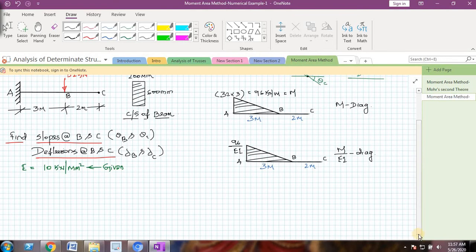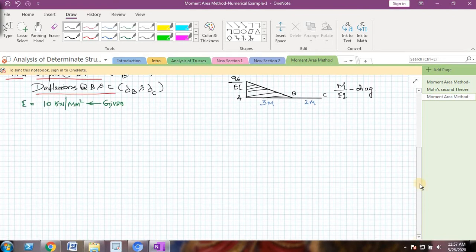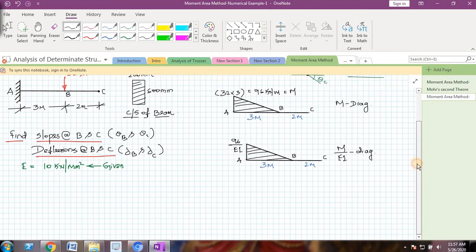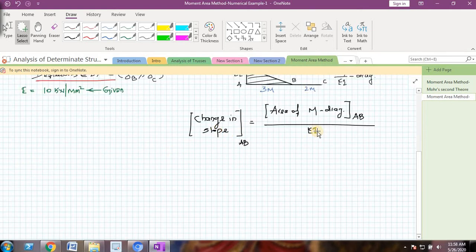Now the next thing you have to do is find the slope at B and C. To find the slopes, I told you you have to use Moore's first theorem. Let me write the statement of Moore's first theorem in mathematical form.